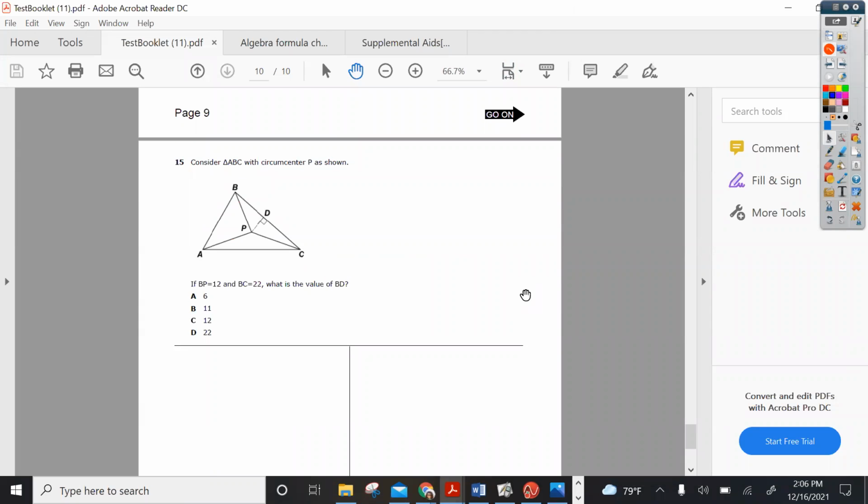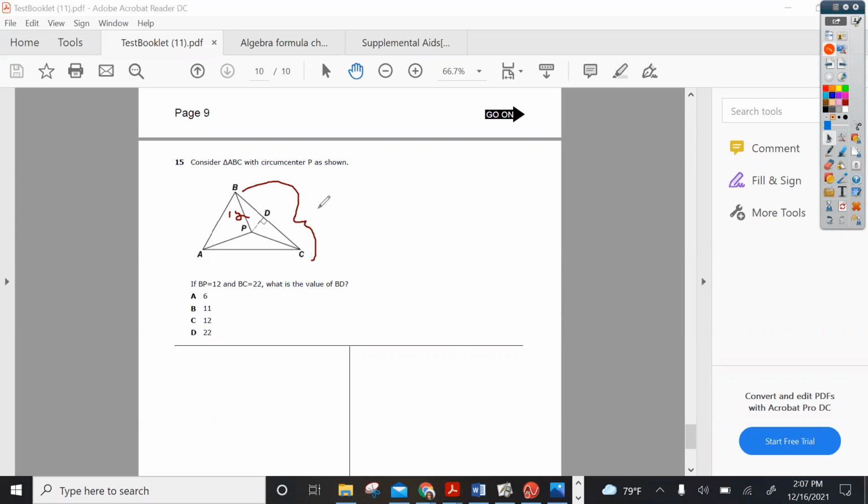Consider triangle ABC with circumcenter P as shown below. If BP is 12, so this is 12. What is the value of BD? Okay, so these are 12. Oh, BC.